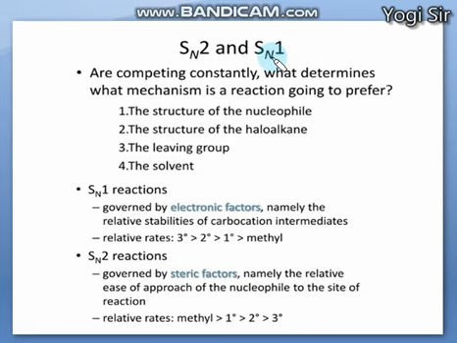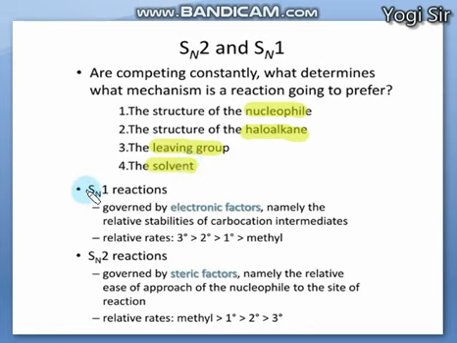Some of the important points are mentioned here, and how the reaction is preferred. It depends on the type of nucleophile, the type of haloalkane selected, the type of leaving group, meaning which is removed from our alkyl halide, and also the type of solvent.